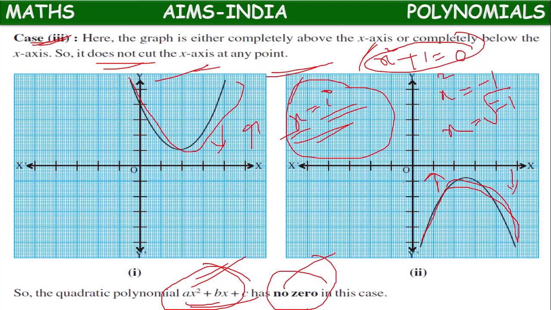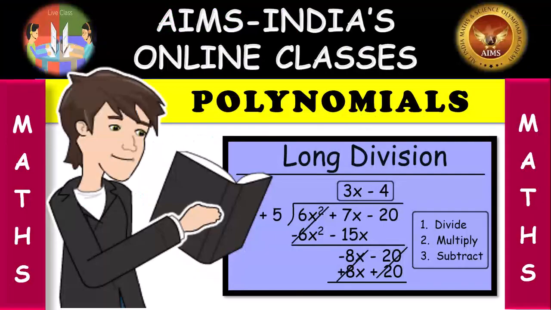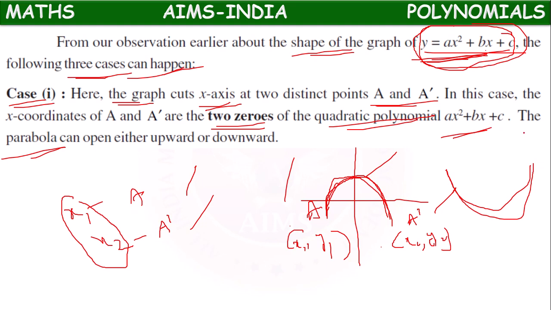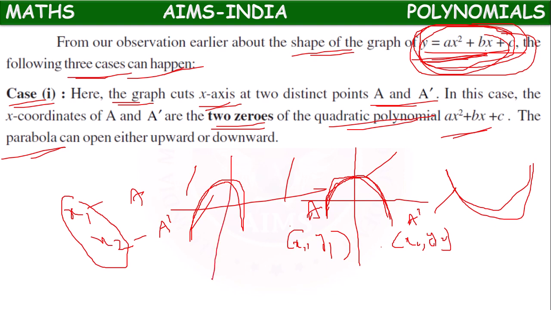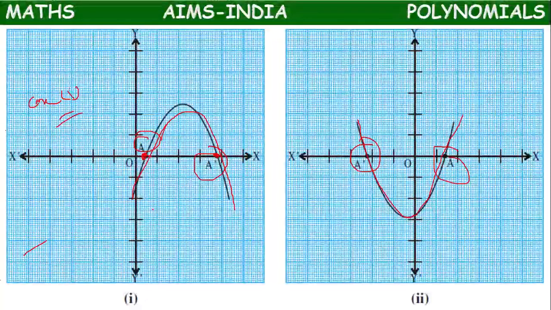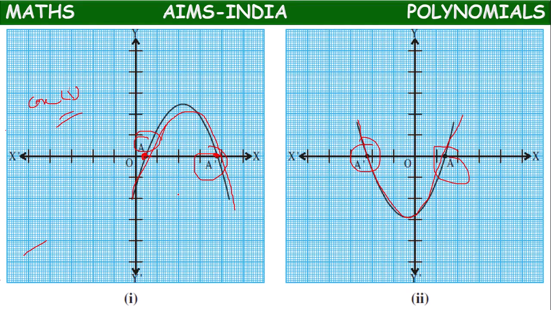Okay, children, so what have we learned? If we draw the curve for a quadratic polynomial on the graph paper, three cases are possible. One: the curve, either upward or downward, intersects the x-axis at exactly two distinct points, meaning two zeros. That is the first case.